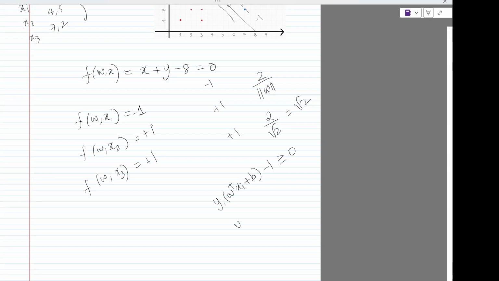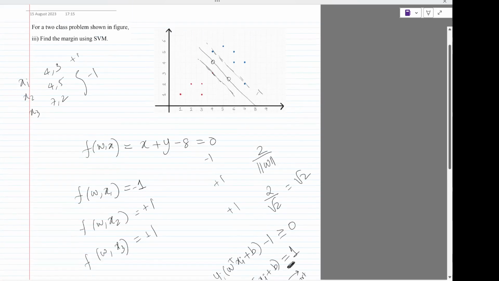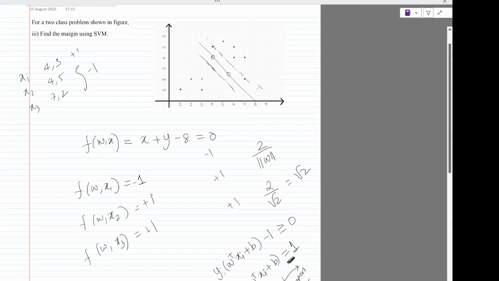The points for which this is equal to 1, those are our support vectors, where this equality holds. These are the support vectors that we got, x1, x2, x3.